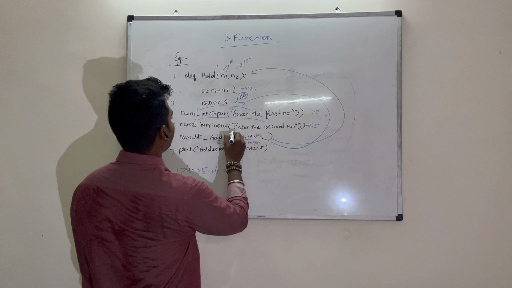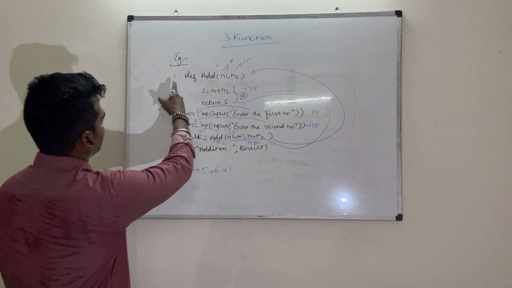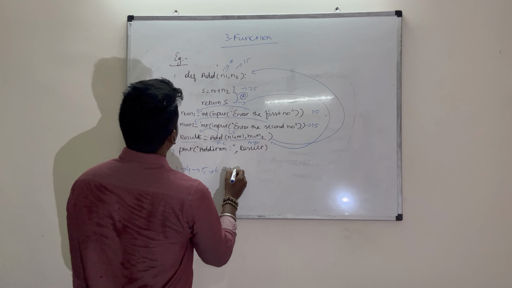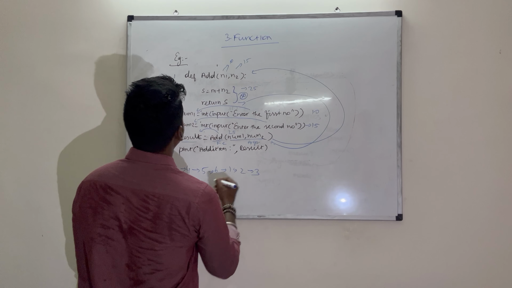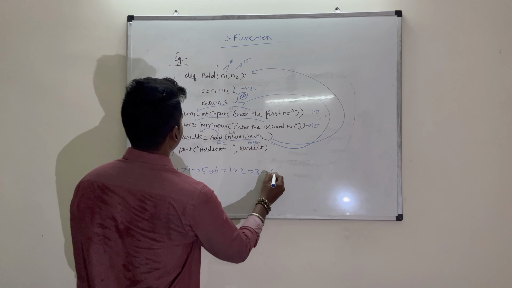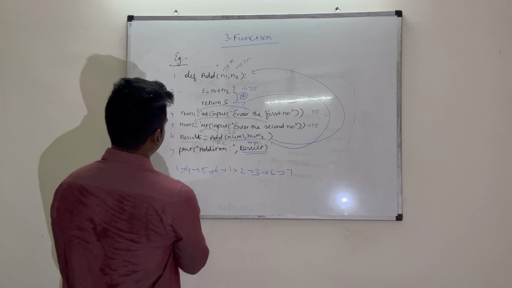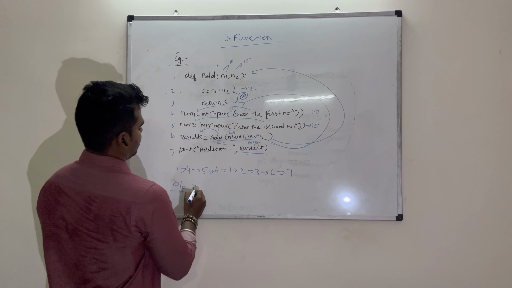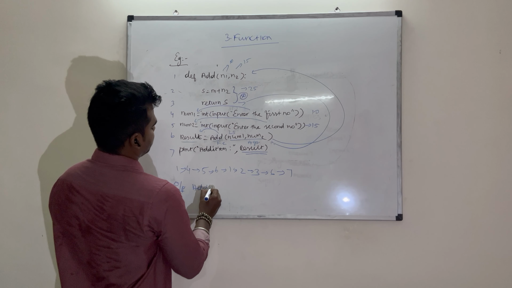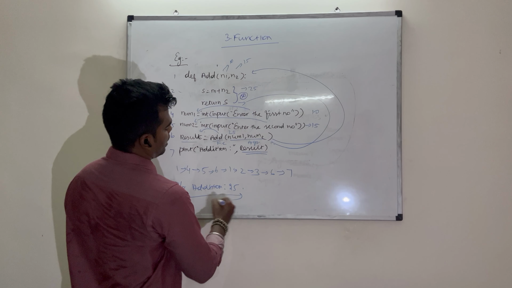So 25 will be assigned to the variable result. After line 1, 2 and 3 will be executed. After that, 6 will be executed. Finally, 7 will be executed. So the output, addition is equal to 25, will be displayed.